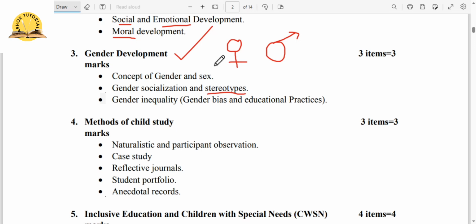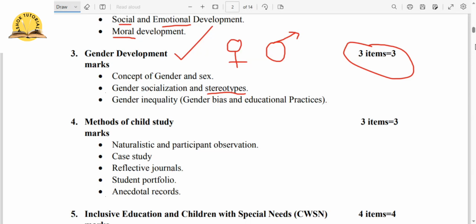So this particular topic, gender development, is a very easy one, and it is for 3 marks, right? We cannot skip this topic. This is very important, very easy and very scoring. Even though it's just for 3 marks, it counts, right? We may even fail for 1 mark, or we may even pass with 1 mark. So marks are very important in exams.